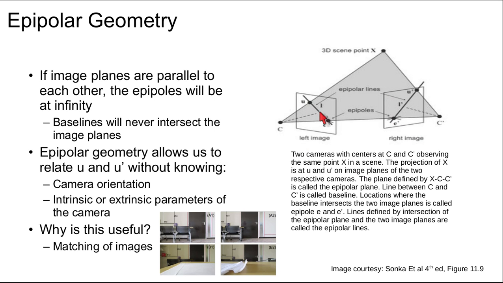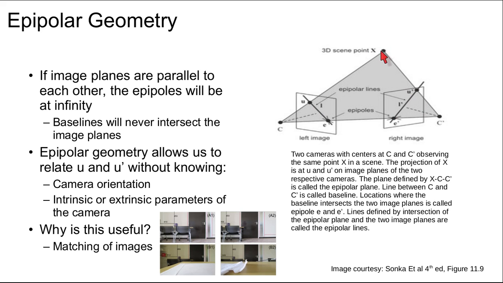And these lines are known as the epipolar lines. Epipolar lines are useful because they assist us in matching of images. Given a 3D scene point that is present at a location U, the corresponding point U dash would be limited and would stay only on this epipolar line.